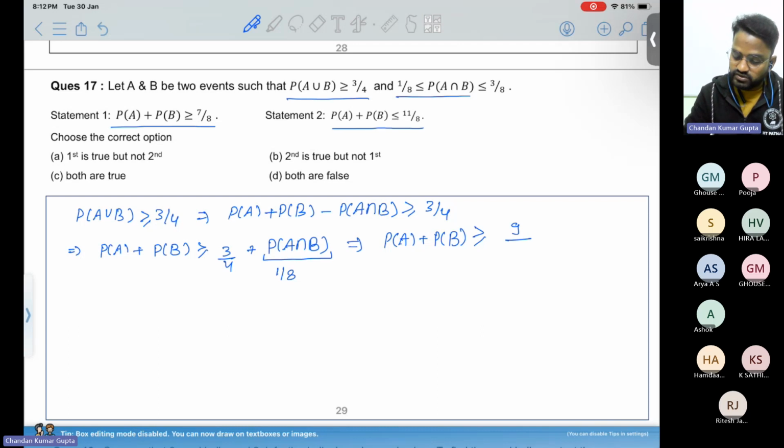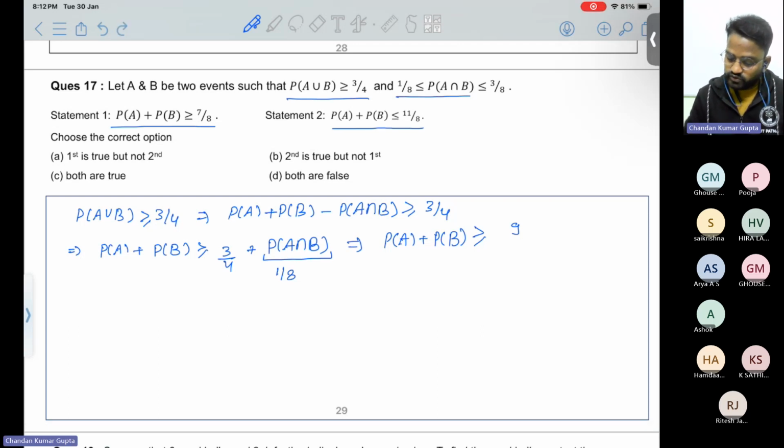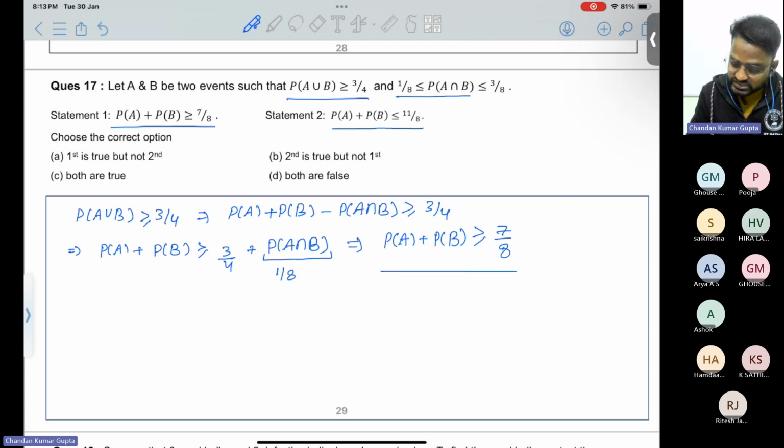So not 9, it's 7 by 8. Okay, 3 by 4 plus 1 by 8 is 7 by 8. So probability of A plus probability of B is at least 7 by 8. That means statement 1 is correct.